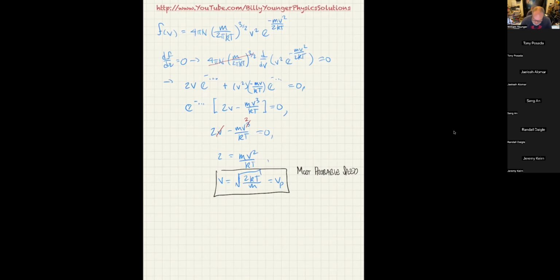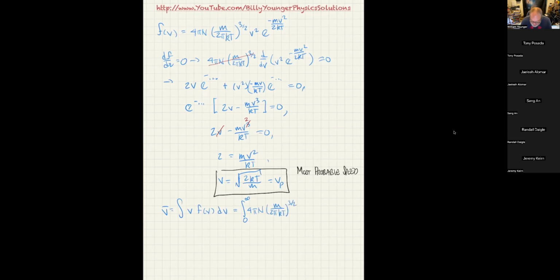What we find when we actually do the integral process, we find that v bar, which equals the integral of v times f of v. Again, I'm calling it v now instead of nu like your book is, which ultimately equals the integral from 0 to infinity of 4 pi n times m over 2 pi kT to the 3 halves.